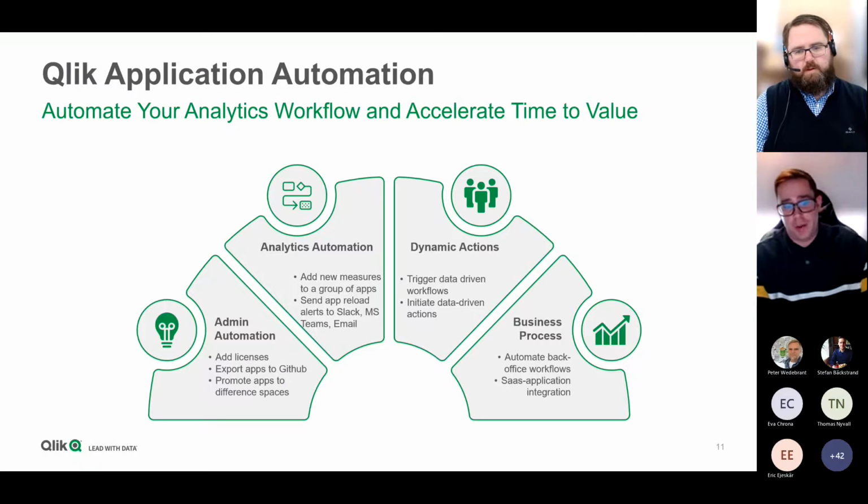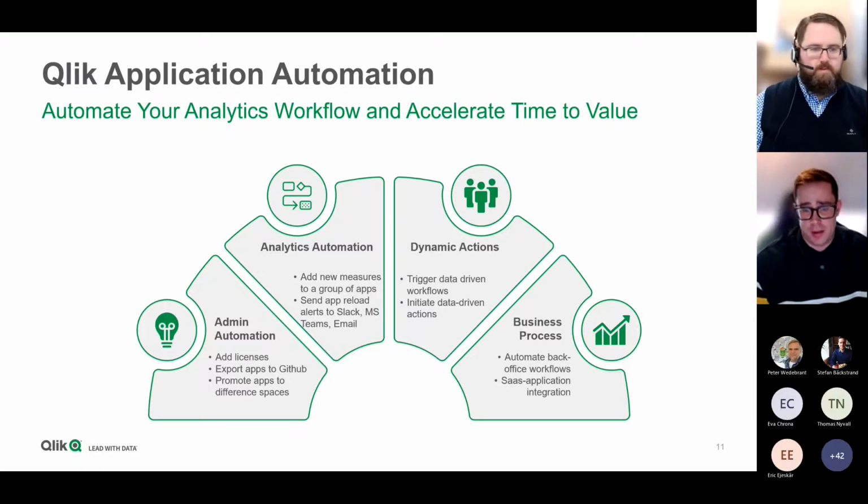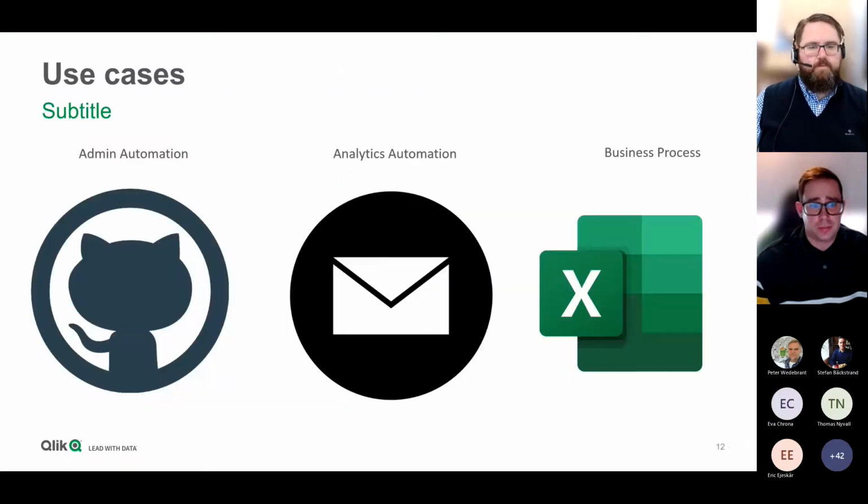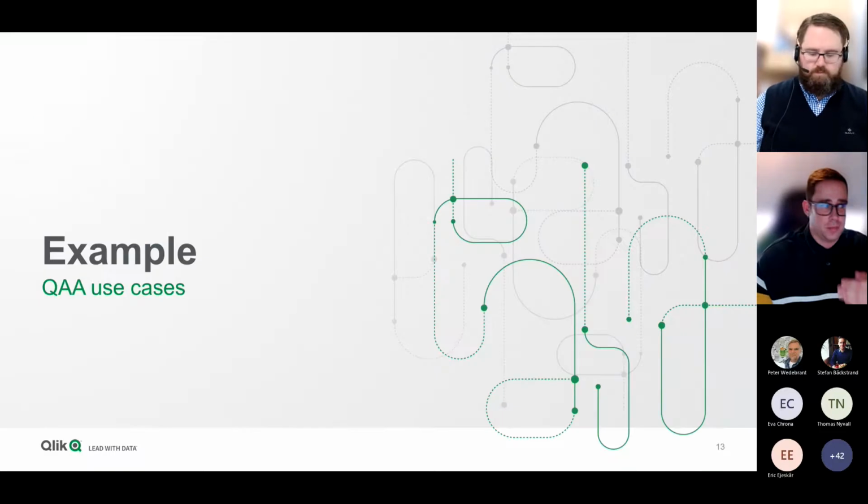And so we have admin automation, analytics automation, dynamic actions, and business processes. I'm going to show you just three examples of where these use cases are bridging the gap and bringing this to the forefront.